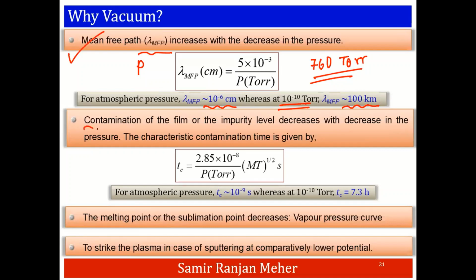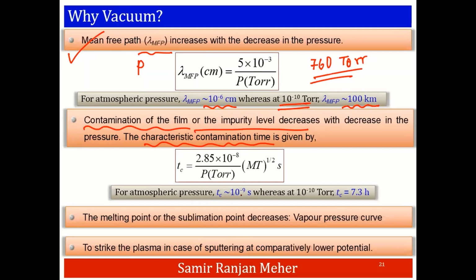The second one is to avoid any kind of contamination of the film, so the impurity level can be minimized by creating vacuum. For example, if I keep a substrate in air, we can calculate how much time it takes to generate one monolayer of contamination on it. This is the expression for the characteristic contamination time. You can see that it is inversely related to the pressure.